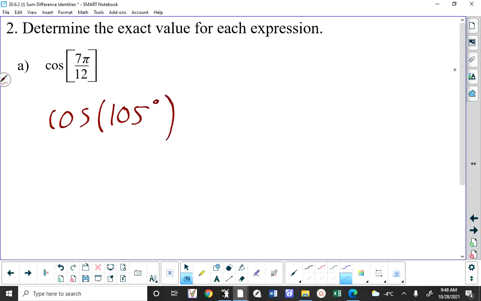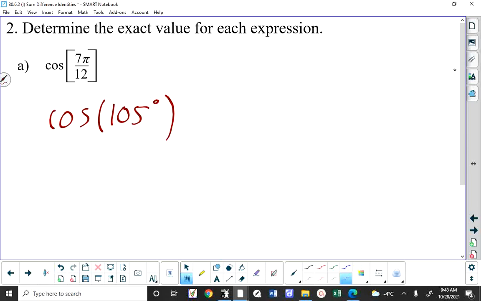Now, 105 degrees is a point on the unit circle, but I mean, every point is on the unit circle, but you don't know the x and the y coordinate at 105 degrees. It's not one of those 30-degree increments or 60-degree increments or 45-degree increments, but it can be expressed as the sum of two angles that we do know the coordinates of on the unit circle.